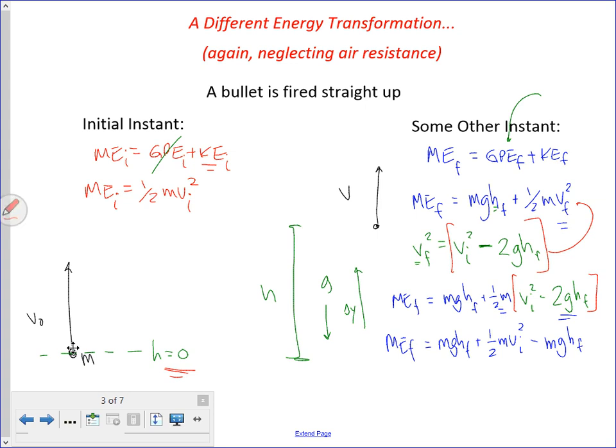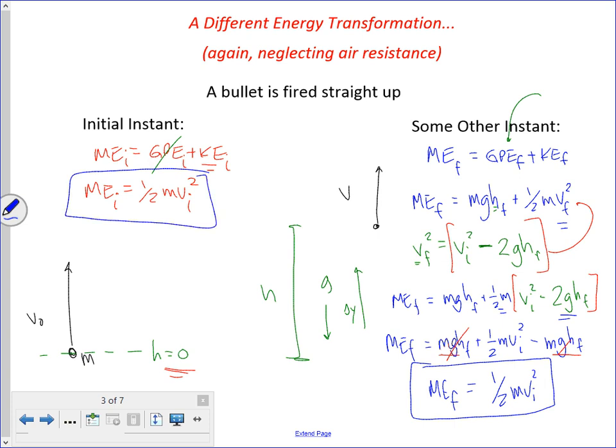Look, we got an mgh final minus an mgh final. And look at this. The final mechanical energy at some other arbitrary instant comes out to be the same exact thing as the initial mechanical energy. Coincidence? Absolutely not.